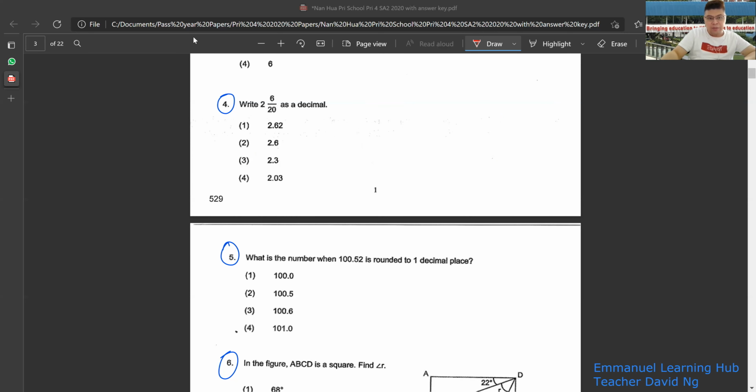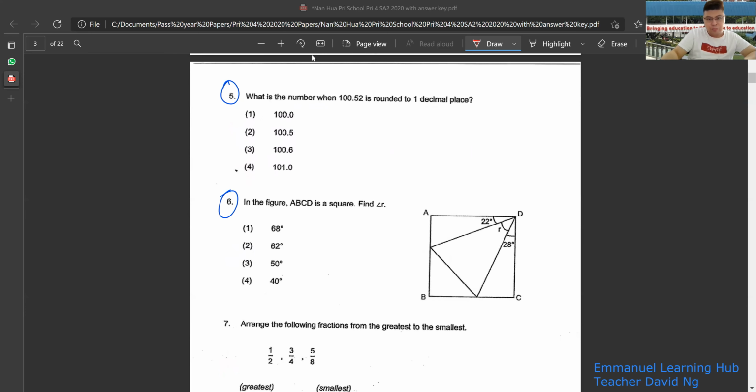And question 5. What is the number when 100.52 is rounded to 1 decimal place? So if I round up to 1 decimal place, I should look at 5 or 2.